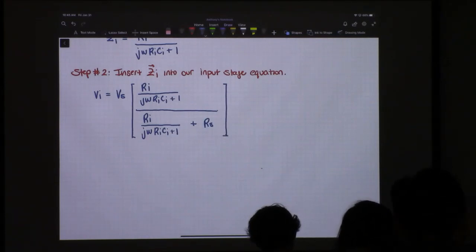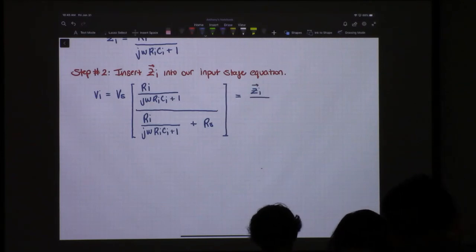This is going to look a little bit messy. So if you remember, this was our Zi over Zi plus Rs. That's what we did.